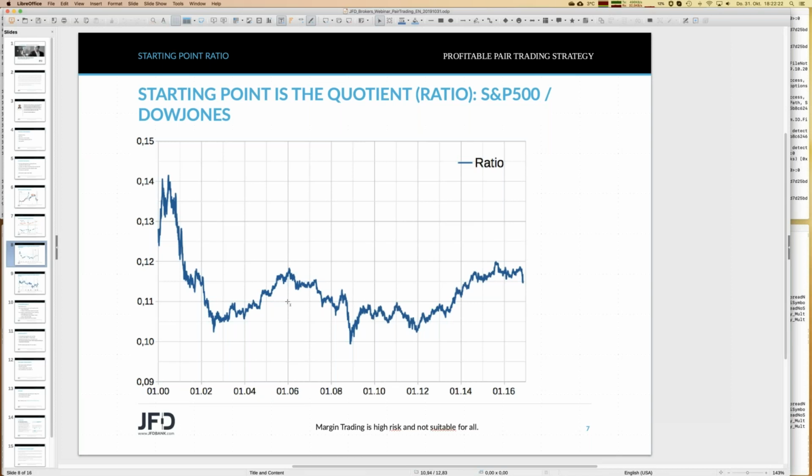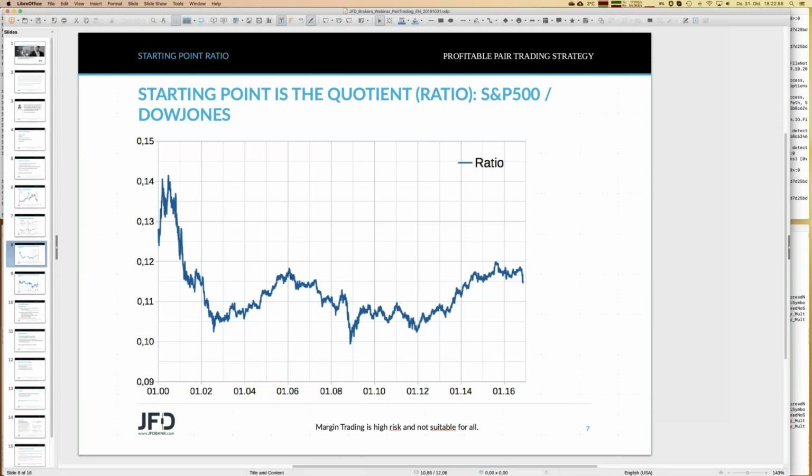When we are highly deviated on one side of that, let's call it the fair ratio, just for the next couple of minutes, the 0.11, if we are far away from that standard ratio, that's a trigger to open our pair trade. The too expensive one we short, and the too cheap one we go long.